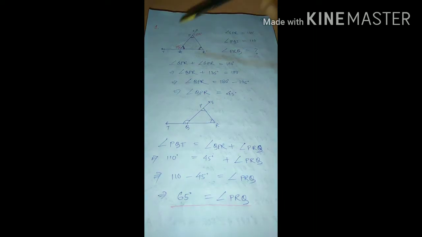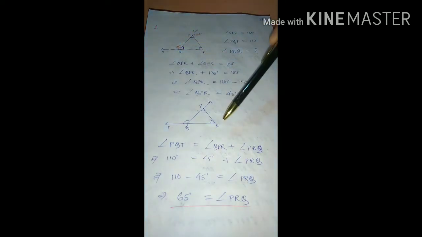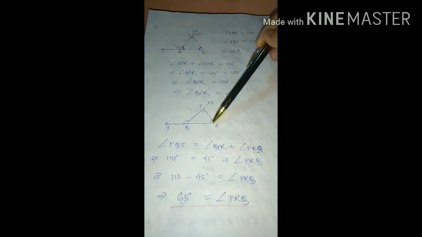Is it clear? Now after finding the angle QPR, we have to find this angle PRQ, and this 110 degrees we know. Separately here the diagram is drawn, if you see. This exterior angle is equal to the sum of two opposite interior angles.